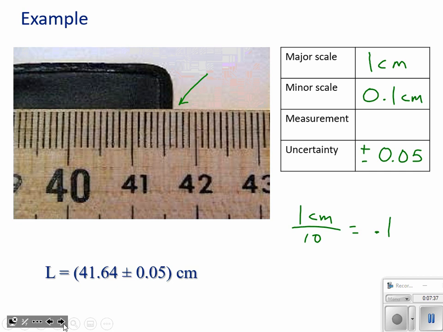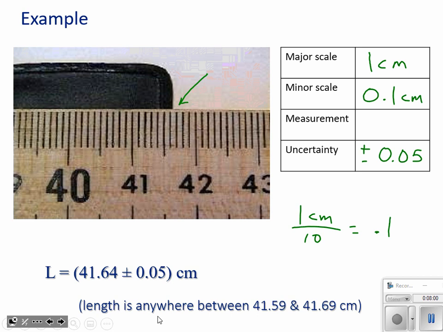Now, when we add in the uncertainty of that ruler, the plus or minus 0.05, okay? Well, what's 41.64 minus 0.05? What's 41.64 plus 0.05? Okay?